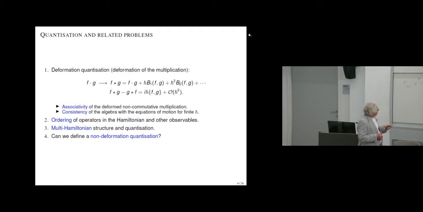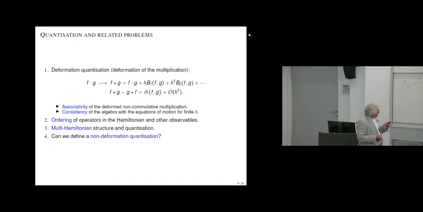The first question is, of course, that when you do this, you have to be sure that the multiplication is still associative. Secondly, consistency: if ħ goes to 0 and the leading term is the Poisson bracket, and we know that classical mechanics is consistent, then in the paper of Dirac there is a question: is it consistent for finite ħ?